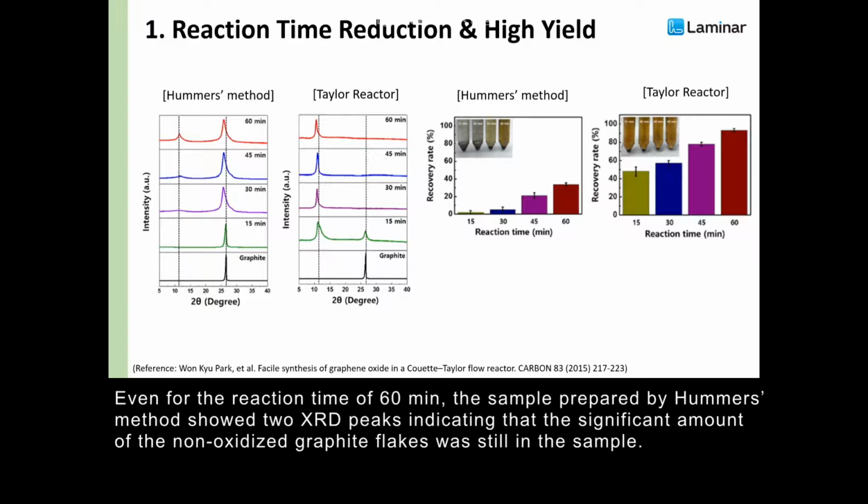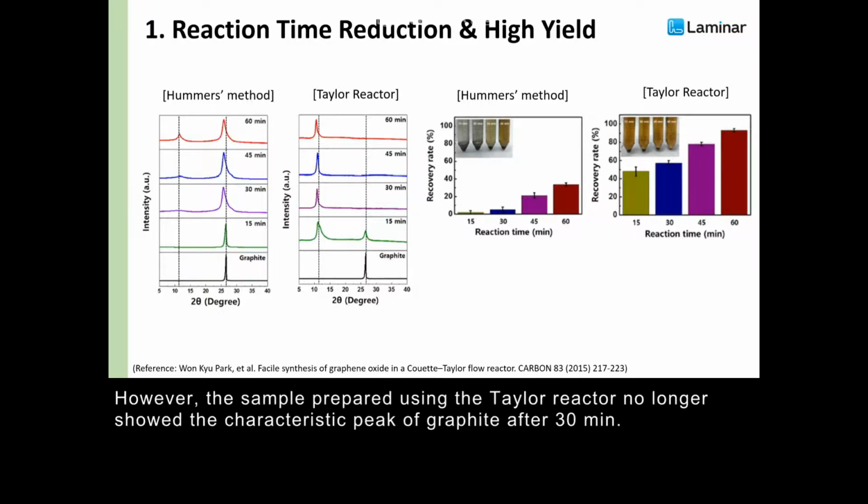Even for a reaction time of 60 minutes, the sample prepared by the Hummers method showed two XRD peaks, indicating that a significant amount of non-oxidized graphite flakes was still in the sample. However, the sample prepared using the Taylor reactor no longer showed the characteristic peak of graphite after 30 minutes.